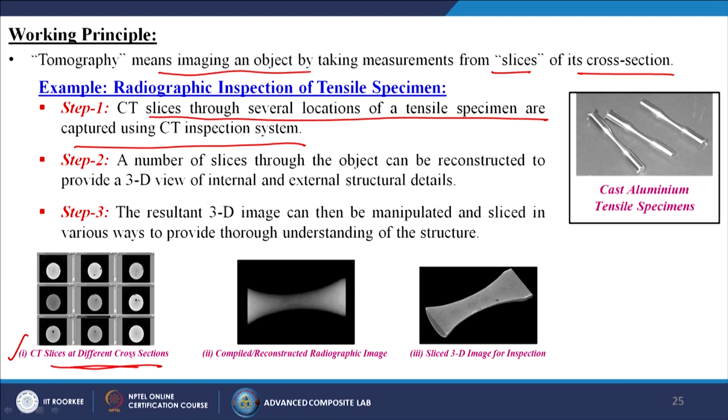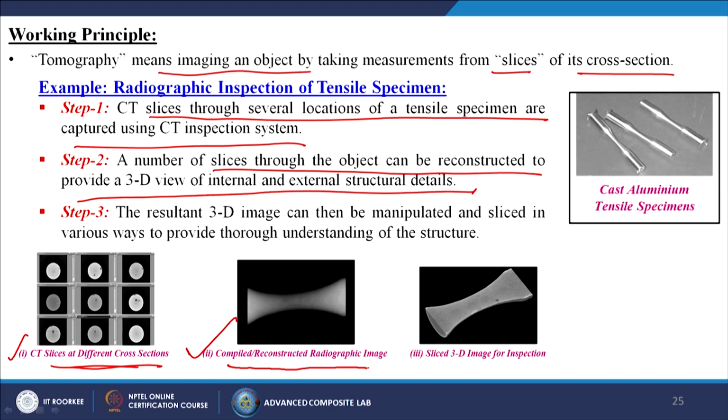Now, come to step 2, a number of slices through the object can be reconstructed to provide a 3D view of internal and external structural details. So, compiled or reconstructed radiographic images, and in step 3, the resultant 3D image can then be manipulated and sliced in various ways to provide a thorough understanding of the structures itself.